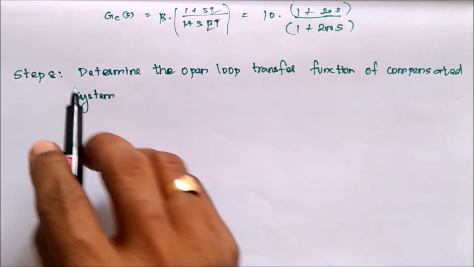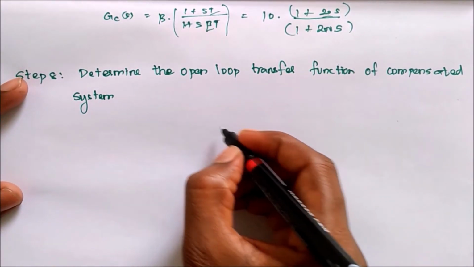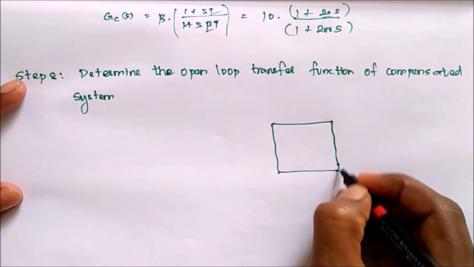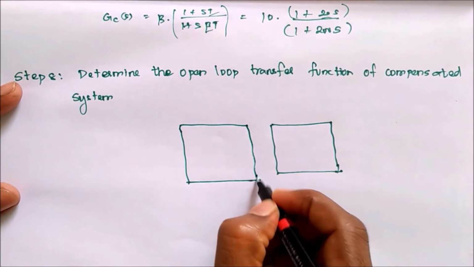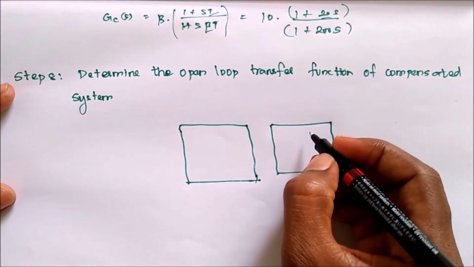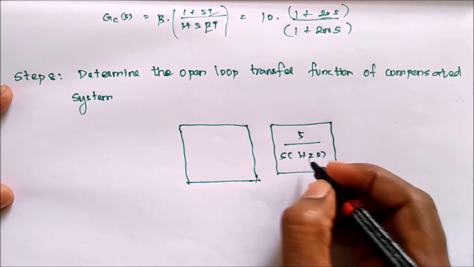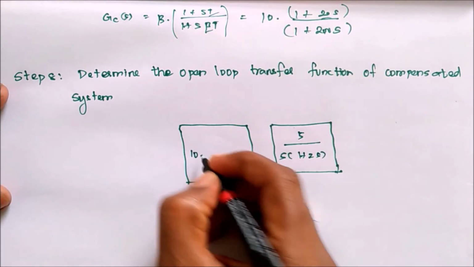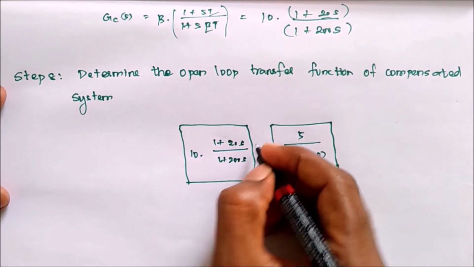Now the next step is to determine the open loop transfer function of the compensated system. We know the structure: this box represents the given open loop transfer function, 5 divided by s into 1 plus 2s, and this box represents the lag compensator's transfer function, 10 into 1 plus 20s divided by 1 plus 200s.